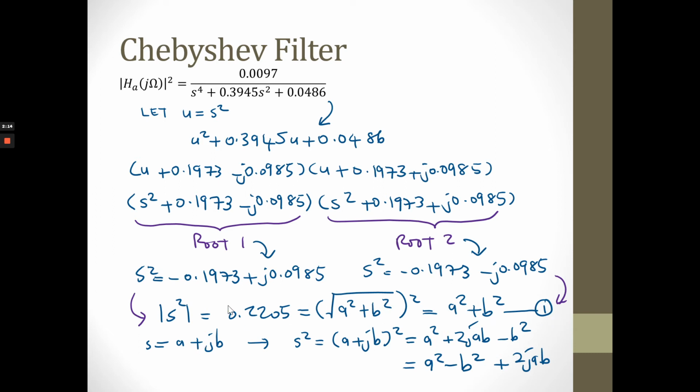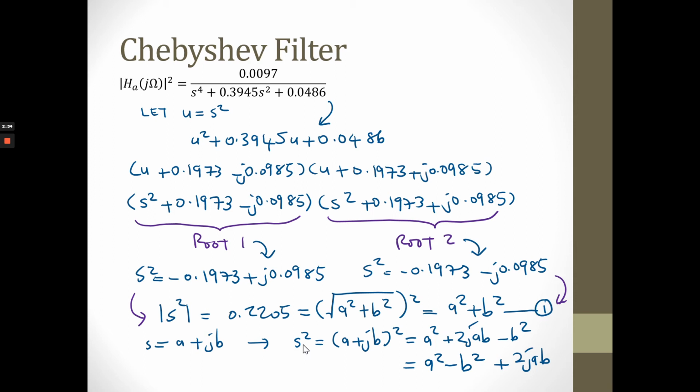In this case, since our roots are complex roots, our roots, which are poles in this case, are equal to a plus jb. This is the real coordinate and this is the imaginary coordinate.